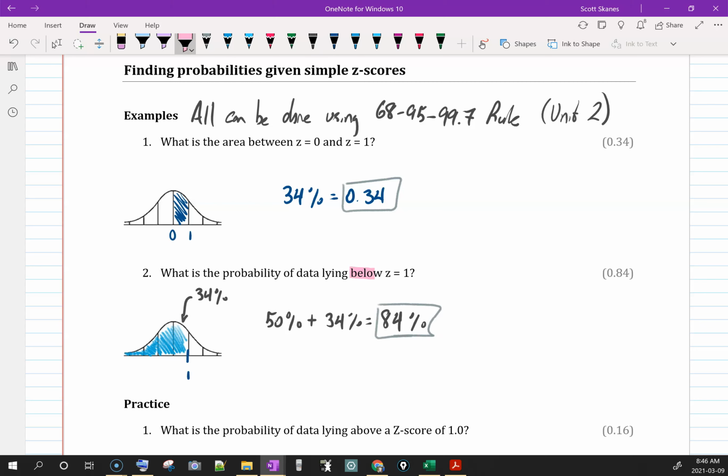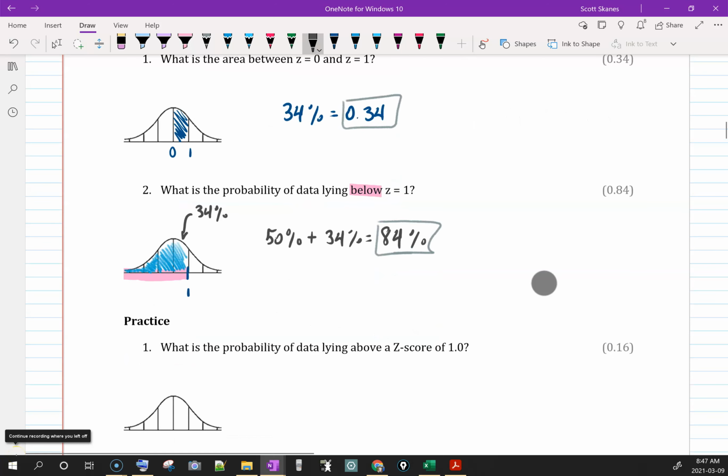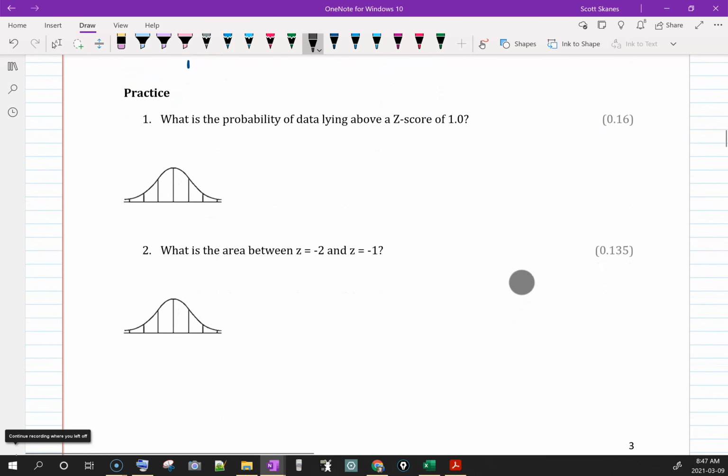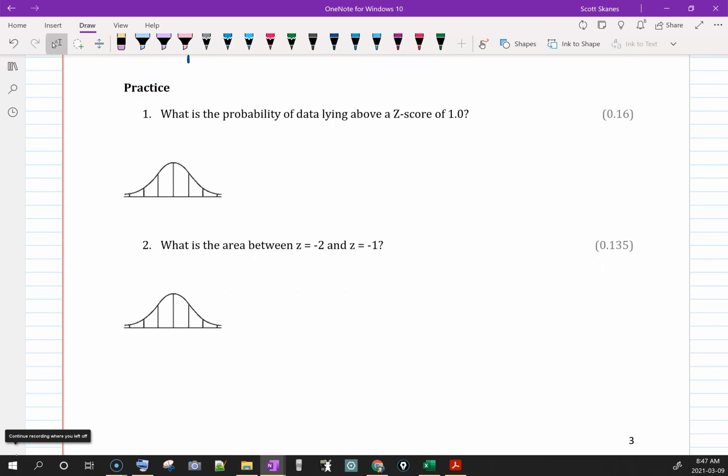It's really important you notice that saying below, because we're going to be dealing with what are called z-tables a little later, and they're going to be talking about all the area at the z-score and below. It's very important that we keep that idea in mind. So we'll do a little more practice here. What's the probability of data lying above a z-score of 1? This is our z-score of 1.